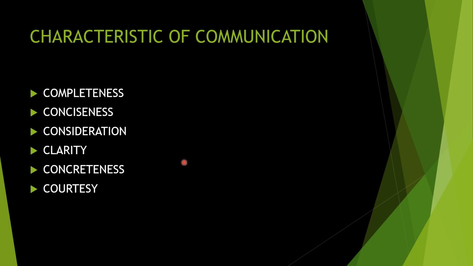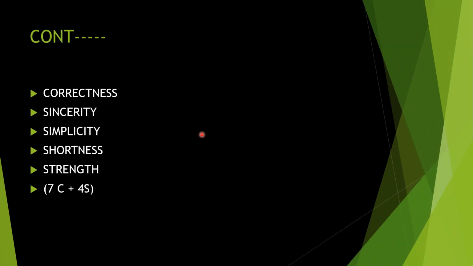It may be clearness. Concreteness. It may be specific or definite. Then courtesy. Should be showing politeness. If it is rude, the communication will not be clear. A politeness supposed to be there. Now one more C is correctness. What is correctness? It may be true or original.